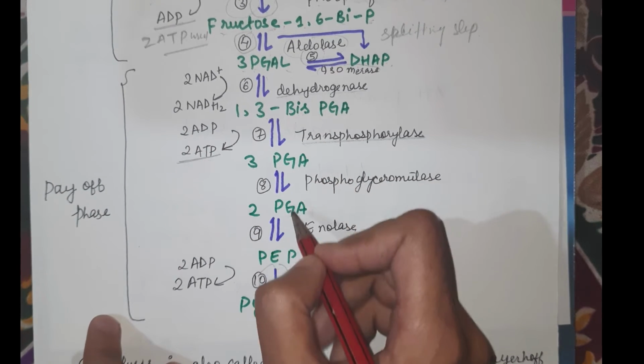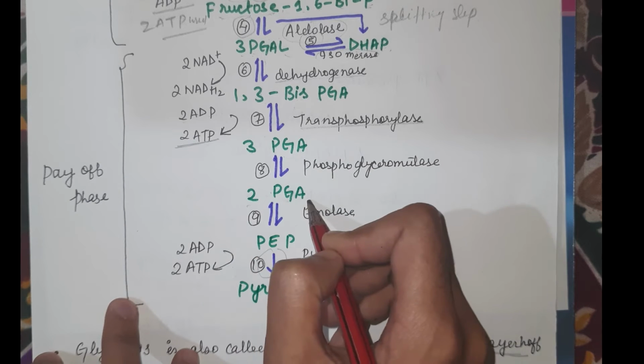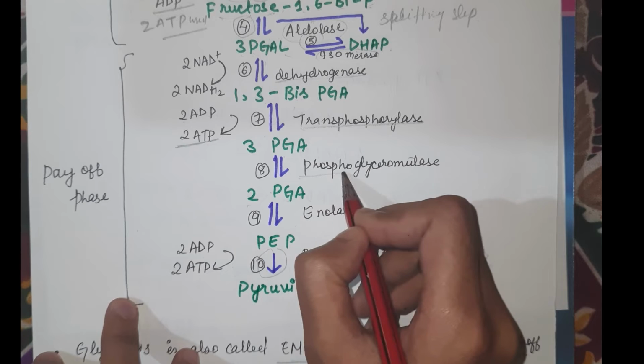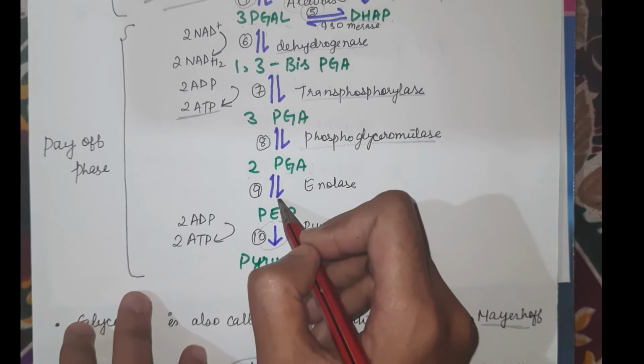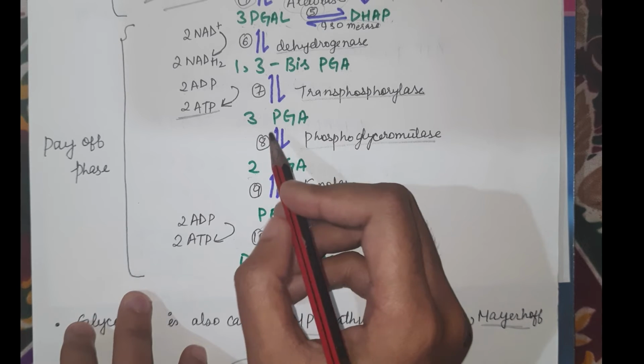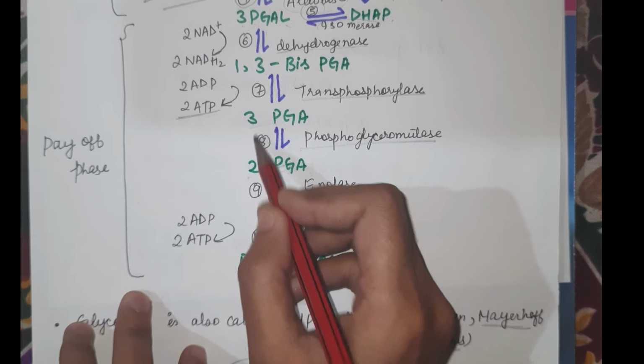And in the 8th step, 3-phosphoglyceric acid is converted into 2-phosphoglyceric acid in the presence of phosphoglyceromutase. Here the phosphate is changing its position from 3 to 2.